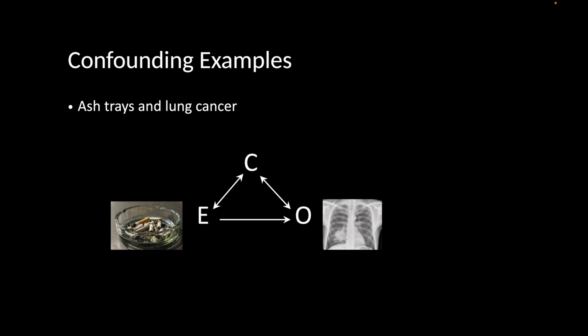But as you know, ashtrays don't lead to lung cancer. Cigarettes do. And as it turns out, cigarettes are causally associated with living in a house with ashtrays. If you're a smoker, you need an ashtray, and so smoking leads to ashtrays, and smoking is in fact causally associated with lung cancer. And so the association we find between ashtrays and lung cancer is incorrect. It's distorted, because in this particular case, ashtrays have nothing to do with lung cancer.